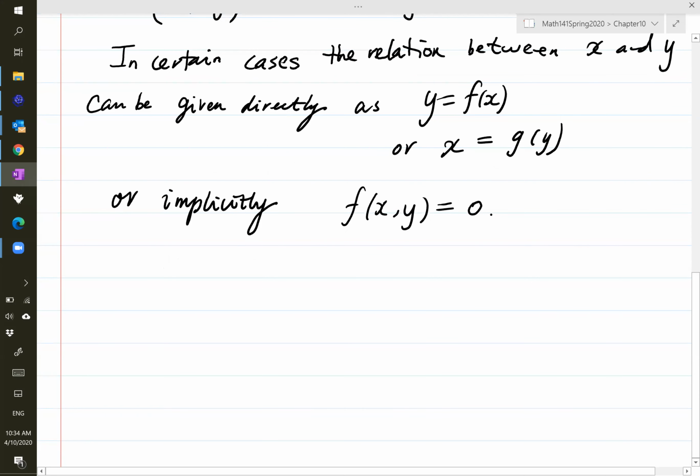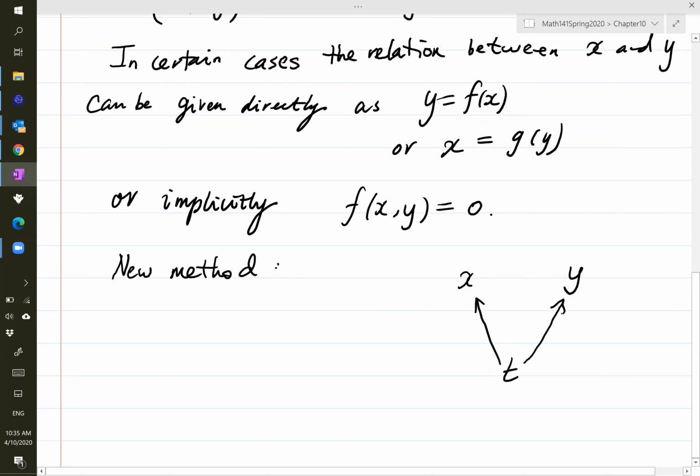Now we use another method. We describe the relation between x and y by introducing another variable t.